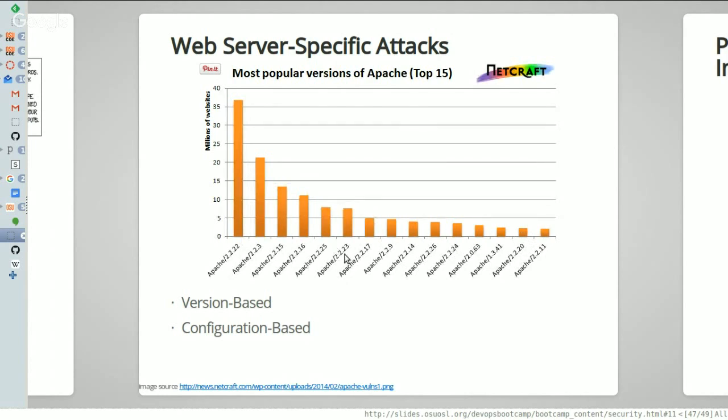I guess here's 25 and 23, but let's say there was a known vulnerability in Apache 2.0.63, which I'm sure there is, a known vulnerability that could allow you to do some really malicious things, and there's still all of these people that are using it. And this graph, I think, is even pretty old. You can look at the source here.